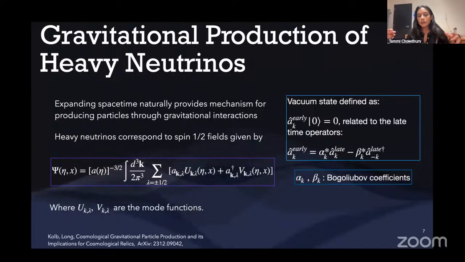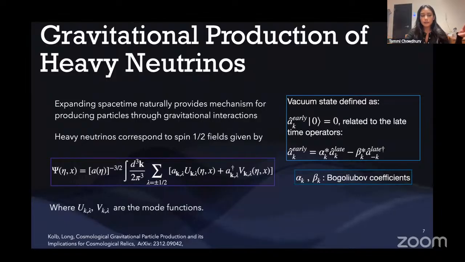And so here in the purple box, we have psi, if we have some spin 1/2 field. So this is our heavy right-handed neutrino. You decompose it into its mode functions, U and V. This is kind of the representation of this spin 1/2 field.